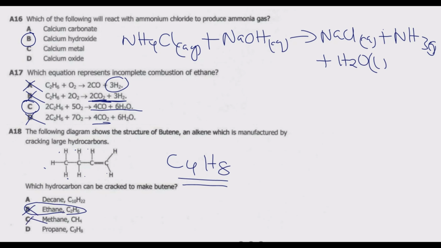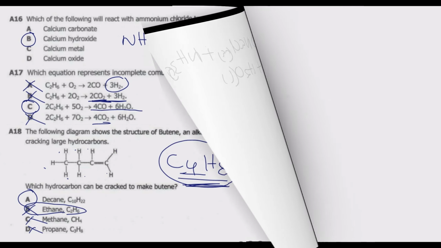C is smaller than this. Then D is also smaller than this butene. So only A can be cracked, broken down into small molecules called butene. So A is the correct answer.